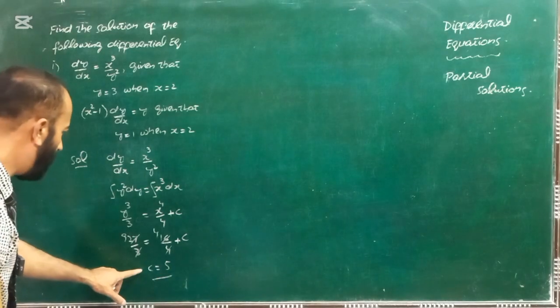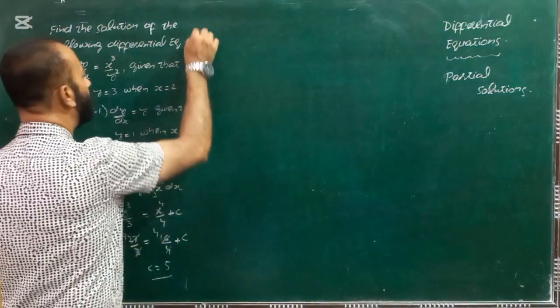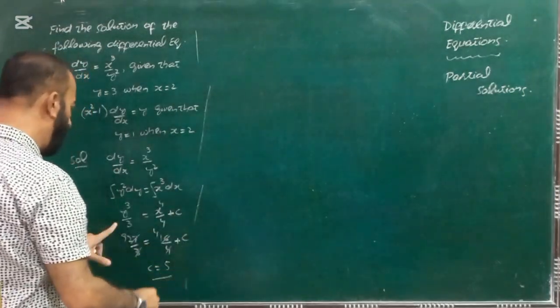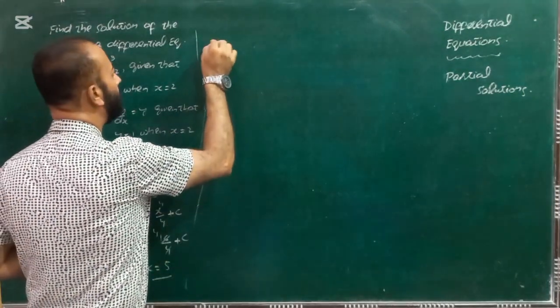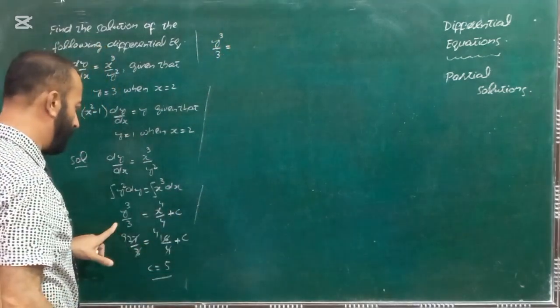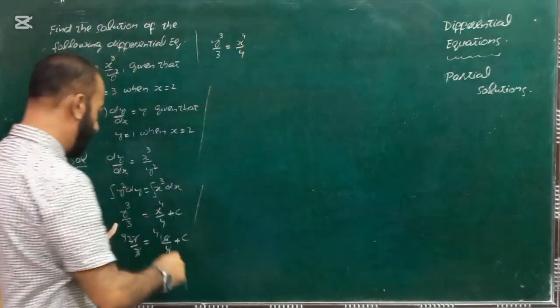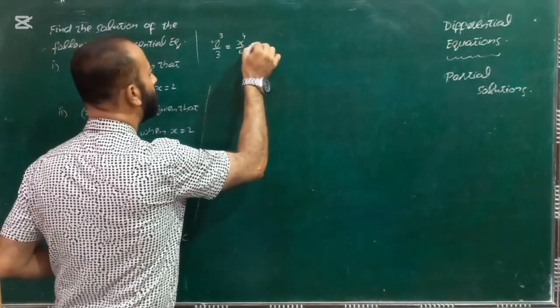So now putting this value of c into this equation, y cube over 3 is equal to x to the 4 over 4 plus 5.